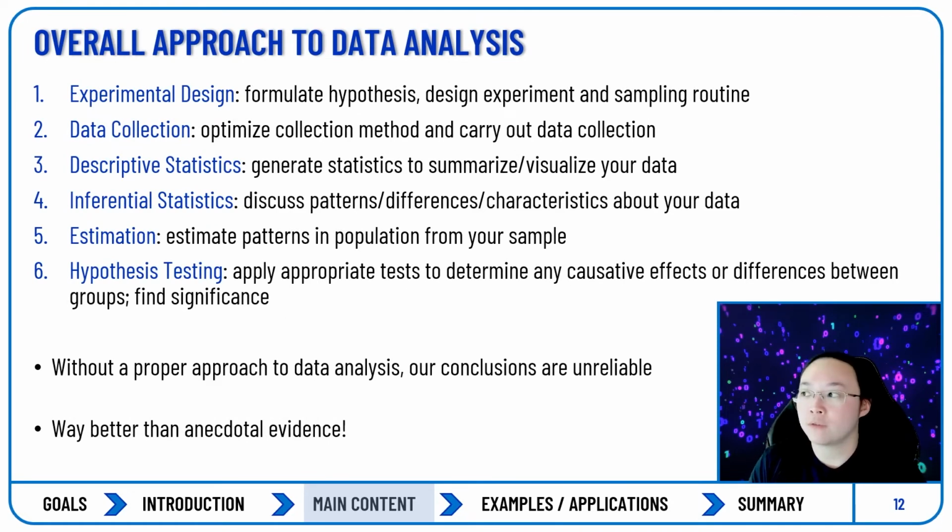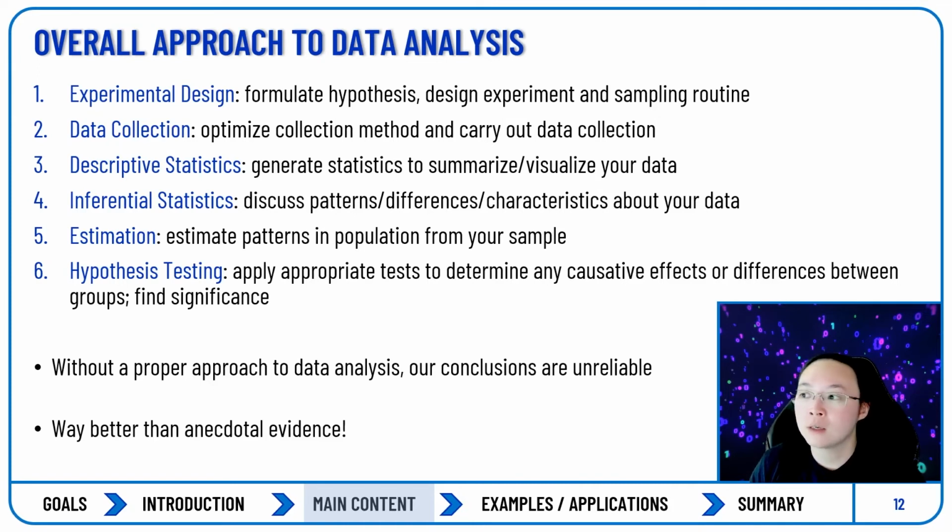Now, in terms of data analysis, throughout the course, we're going to try and go through all of these different components to data analysis. Now, we won't really touch on this until the very end, but it's very good to first start out with an understanding of what we're trying to achieve. So first of all, when we're doing data analysis, if you are an experimental physicist, you are going to have to go through experimental design.